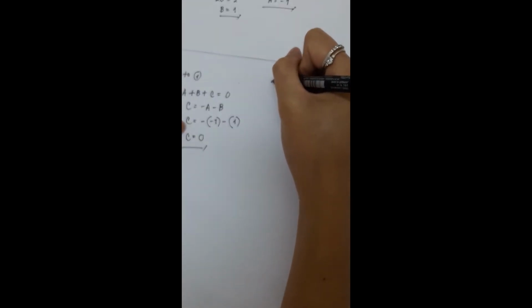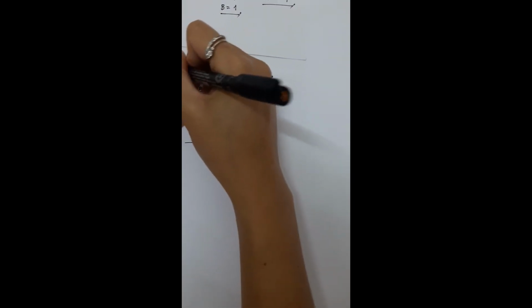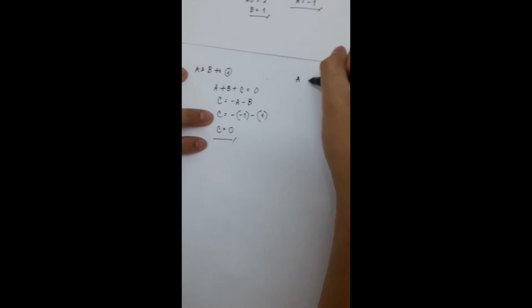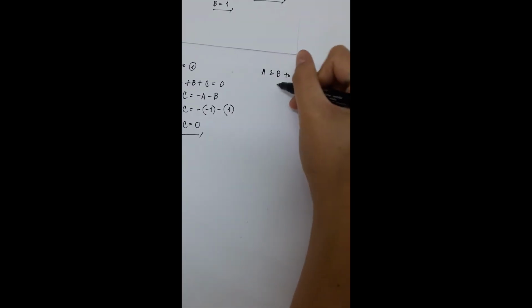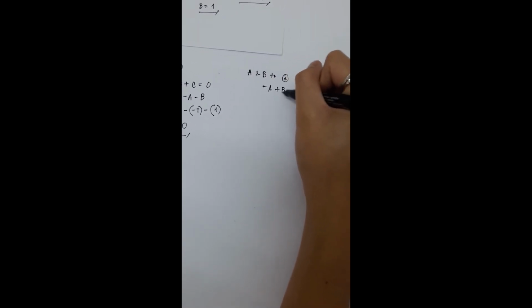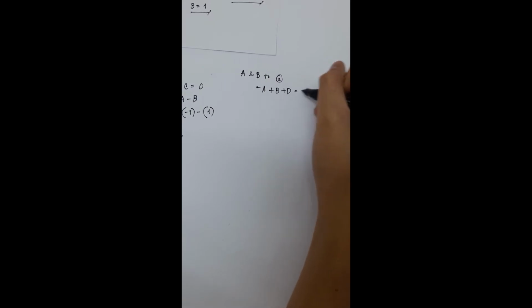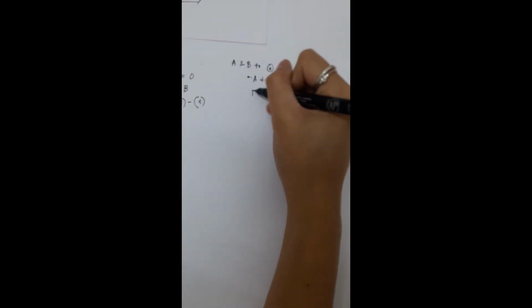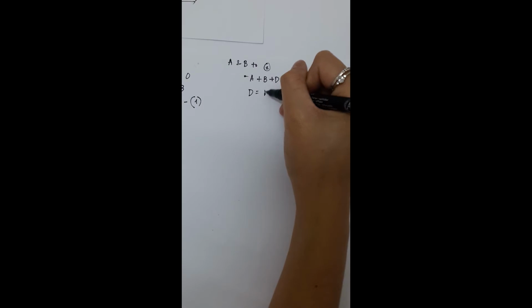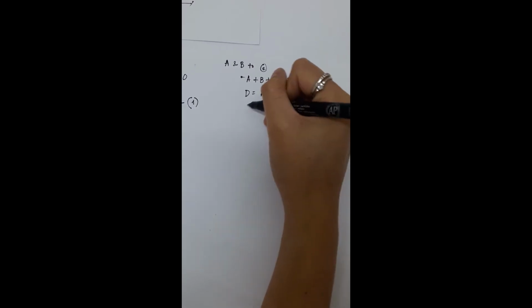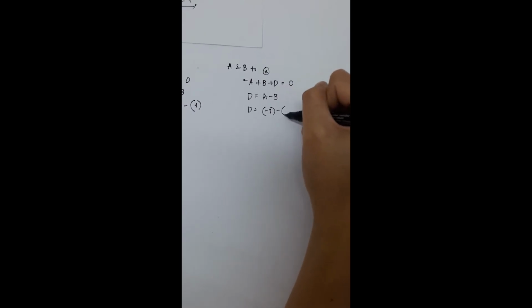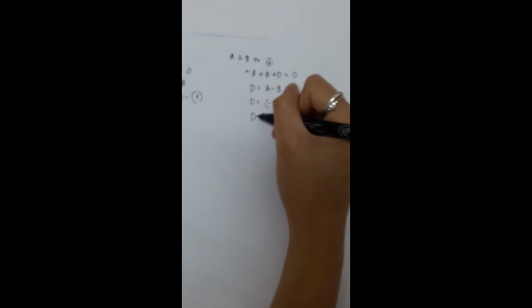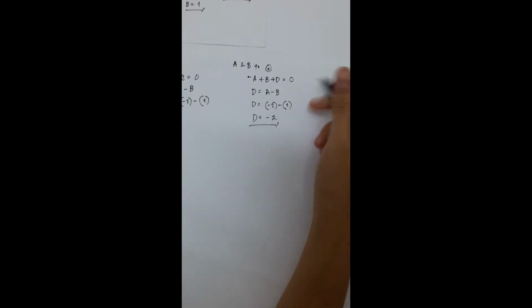Now substituting A and B into equation number 2, that will be negative A plus B plus D is equal to 0. D is equal to A minus B. That will be D is equal to negative 1 minus 1. D is equal to negative 2.